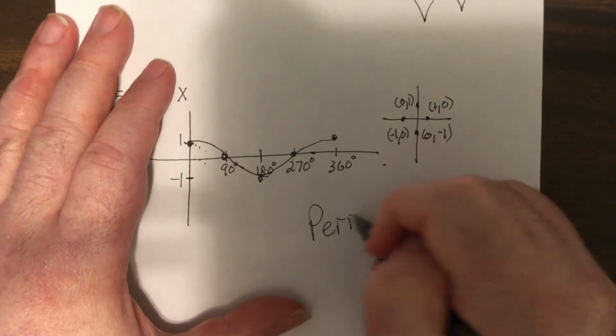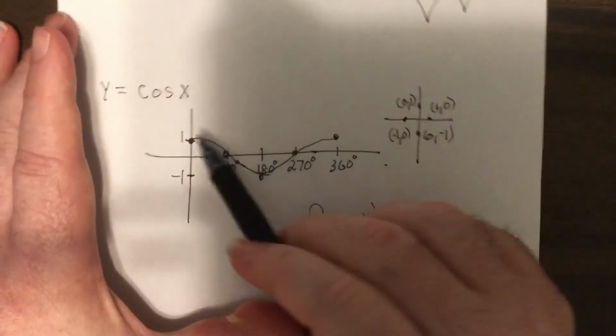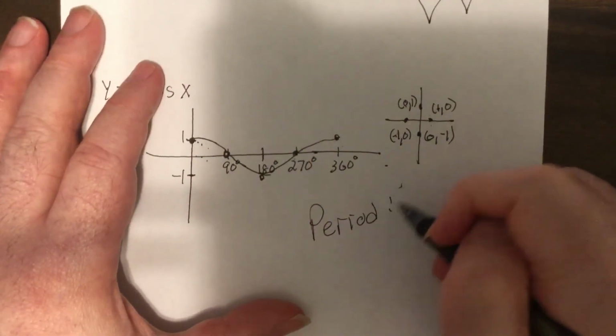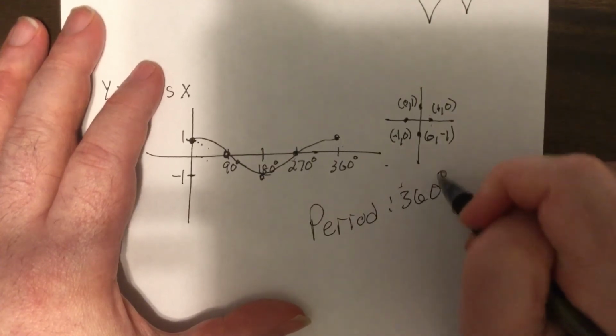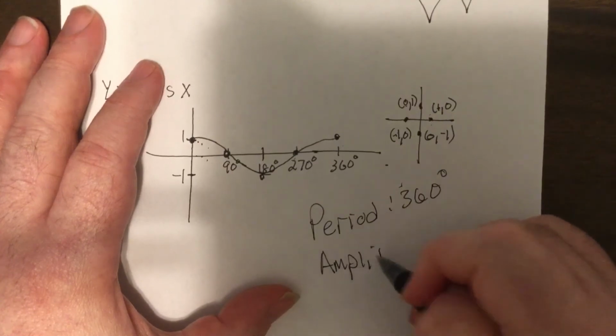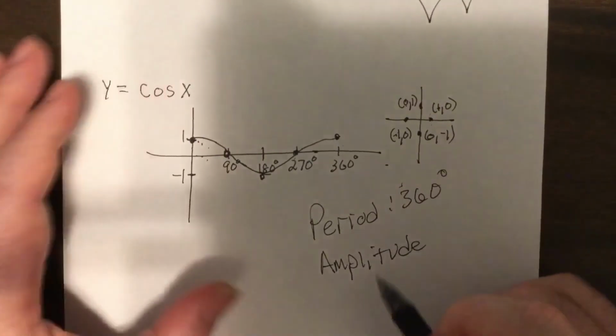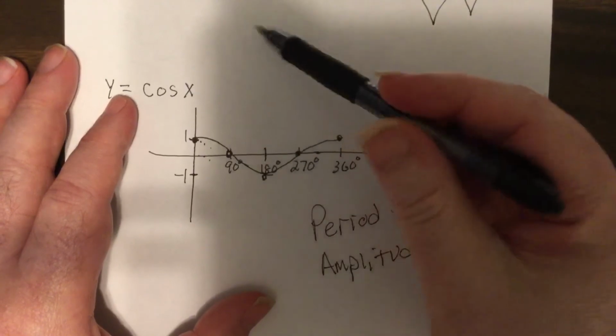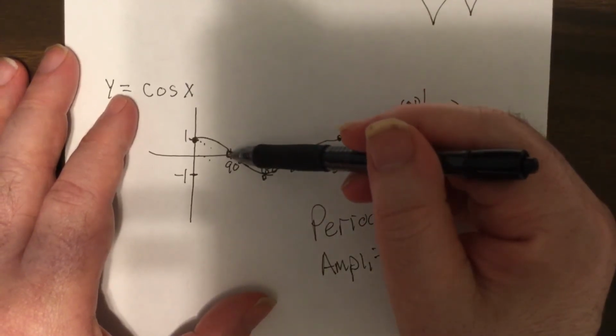Now the two words you need to know are period. We already talked about that. And the period of the basic graph of sine and cosine is 360. Now we also have something called the amplitude. And the amplitude is the distance from the middle of the graph to the top.